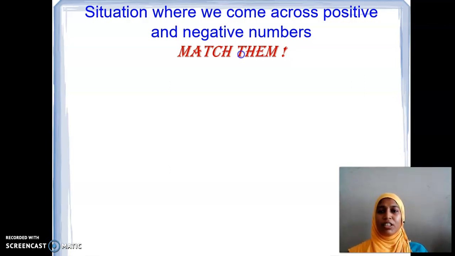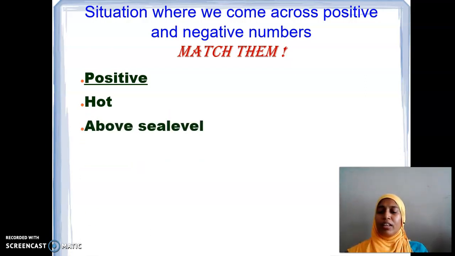Here I have listed a few positive situations. Hot climate or a hot cup of coffee, something which is hot is represented using a positive quantity. Above sea level, it means the seashore where we stand is considered as 0. And above that, for example, a boy standing near the seashore and his height is a positive quantity.